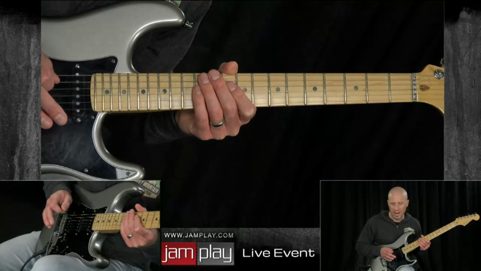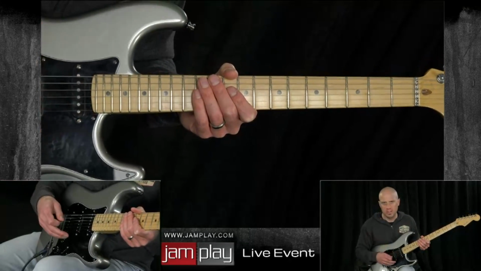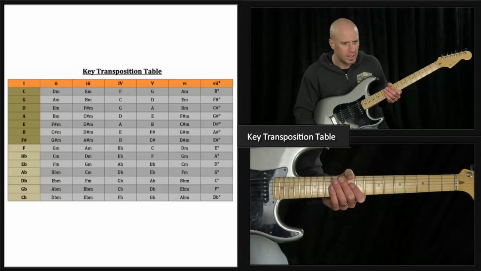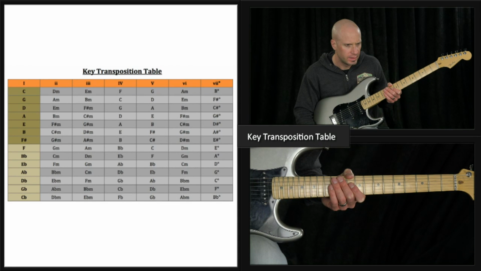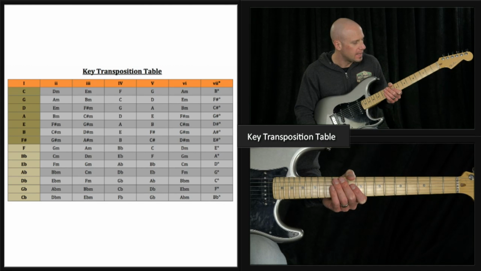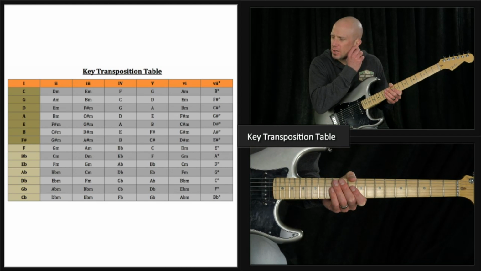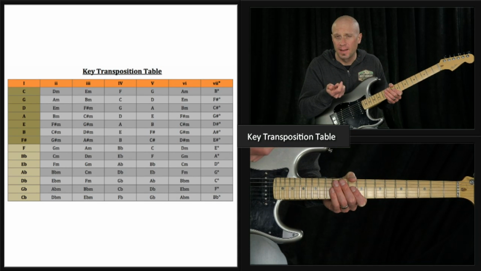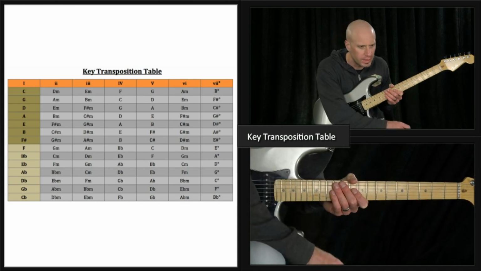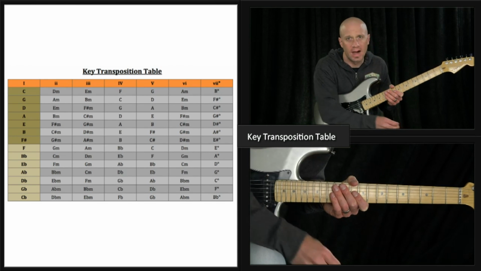Definitely doesn't work there. Go back to the key transposition table real quick. If we look here, we don't have a D major in E Phrygian. So if we do that, that second note, that Phrygian tone, it doesn't sound half bad, but it probably isn't one you want to use a lot. What about Locrian, which would introduce the flat 5?